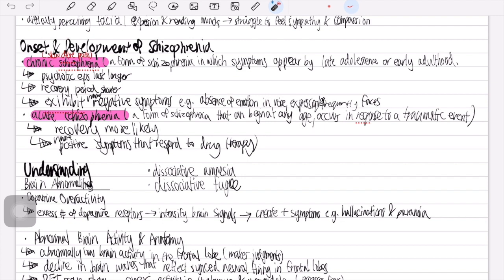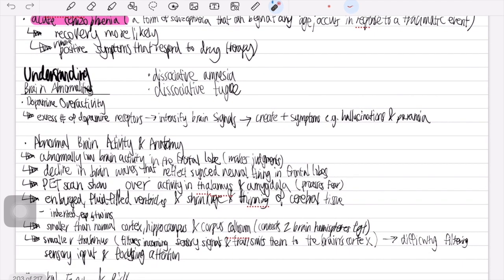And added behaviors would be having hallucination or delusion when you have schizophrenia, which you would not have if you did not have this psychotic disorder. And negative symptoms would be the lack of emotion and having the lack of empathy for others. These are all negative behaviors, so diminished behaviors from your normal state.